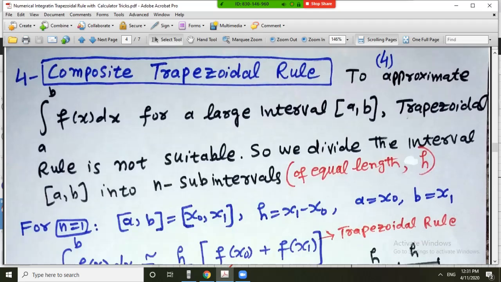One is that the interval is large, so the error will also be larger than the simple trapezoidal rule. So to reduce that error, we can use composite trapezoidal rule even for a smaller interval. Or if we have a larger interval, in that case we must use composite trapezoidal rule.